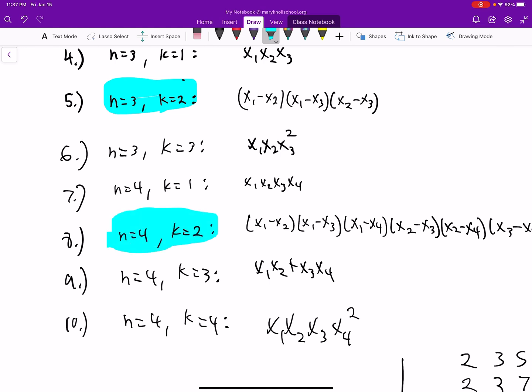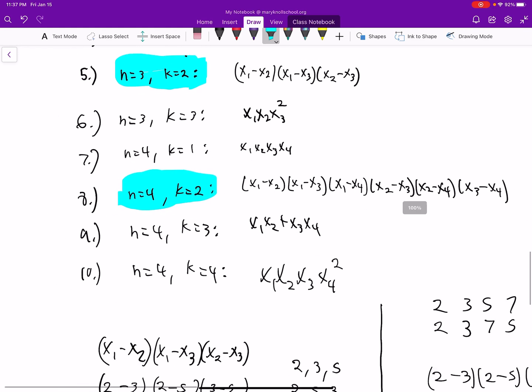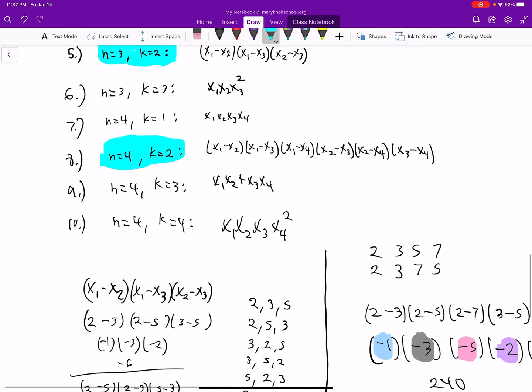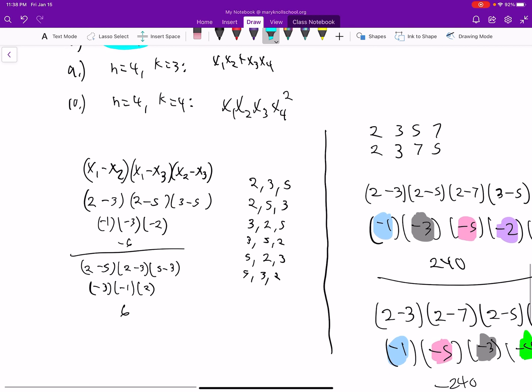And so when we were talking about this one right here, what I did is I just chose some prime numbers, and I figured prime numbers were a good option. So I listed all the permutations of 2, 3, and 5. So there's 6 permutations. There's 2, 3, 5. Notice I just switched this 5 and the 3 compared to above.